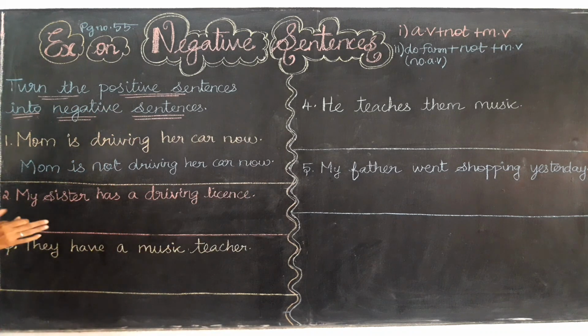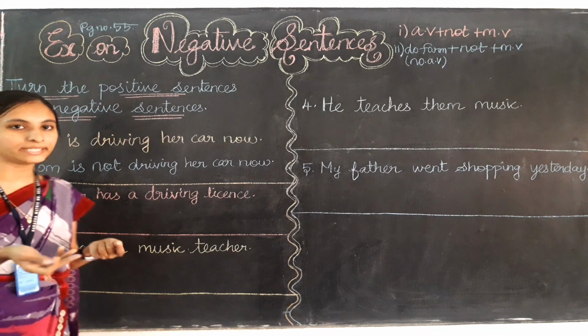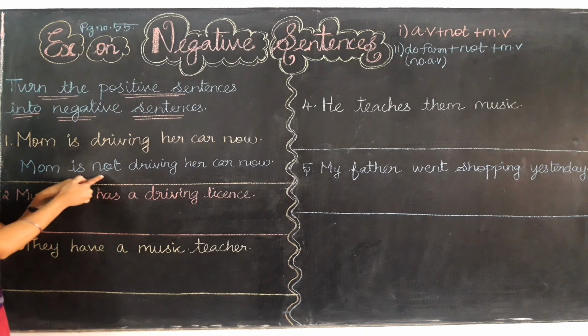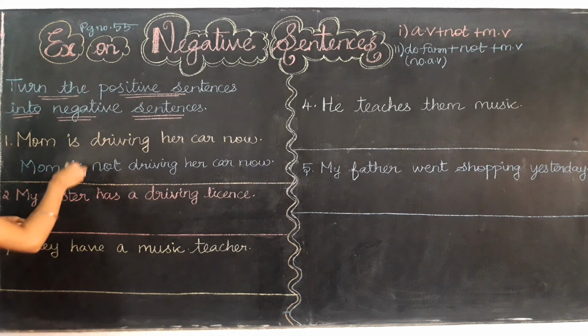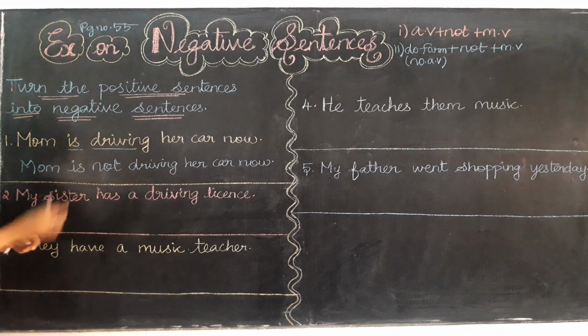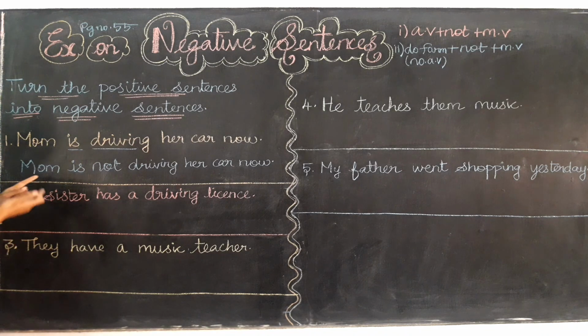Let me read out the sentence for you: Mom is not driving her car now. Now it is a negative sentence. What changes have we made here? We have written not after the auxiliary verb because it has the auxiliary verb and also the main verb, so in between we need to write not.